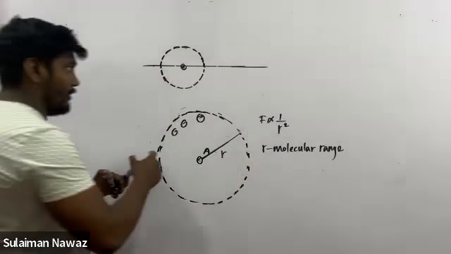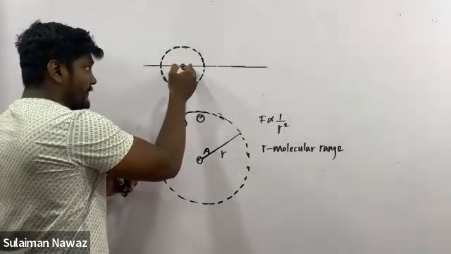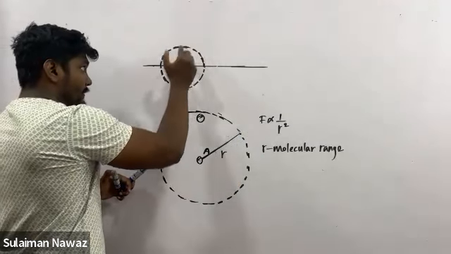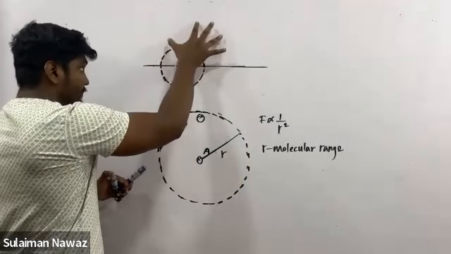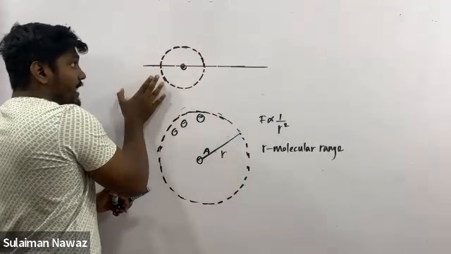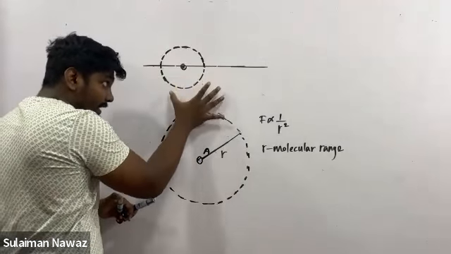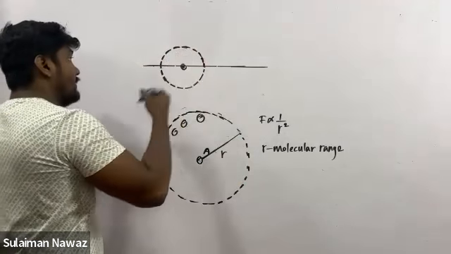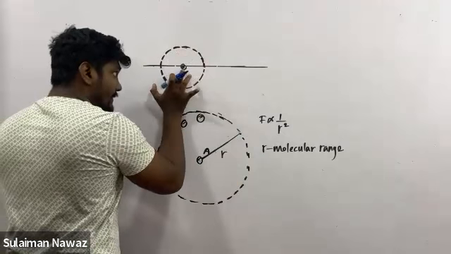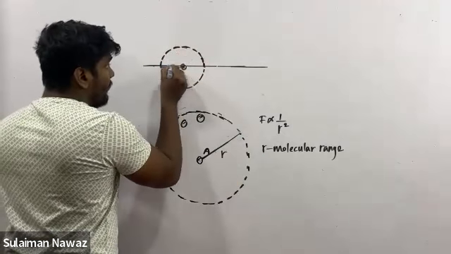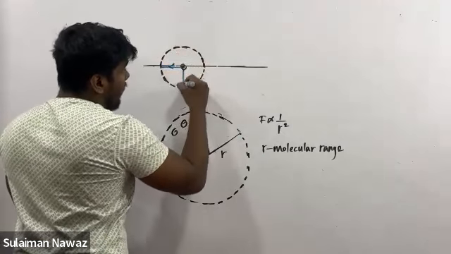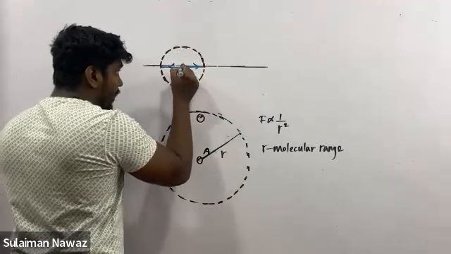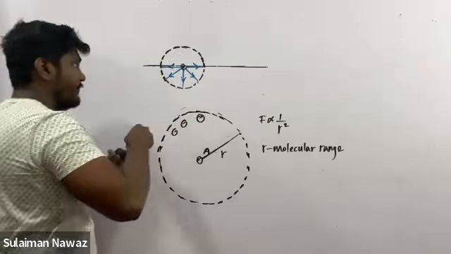Because now just think about a liquid particle on the liquid surface. Then the air particles' attraction forces on this liquid particle can be negligible compared with the attraction forces produced by the liquid particles on this liquid particle. So as a result, when you consider this liquid particle, there will be some kind of resultant attraction force acting on it in the downward direction.